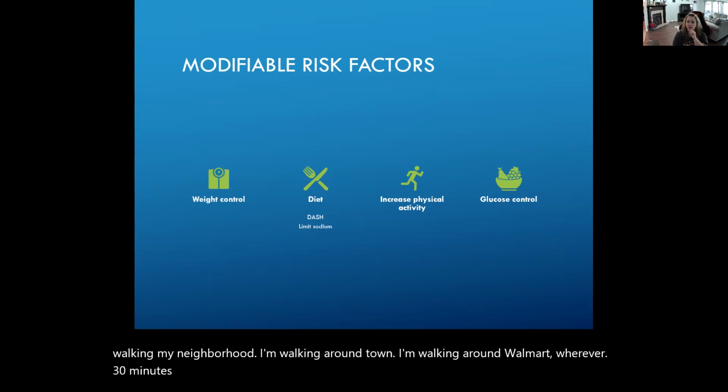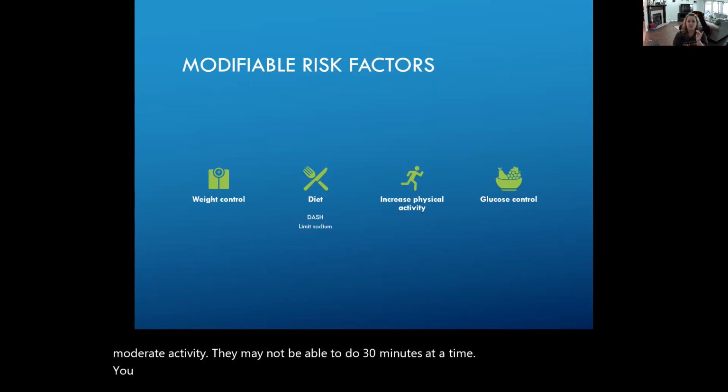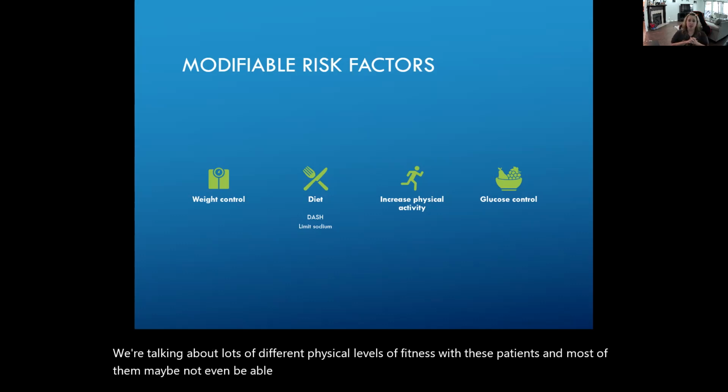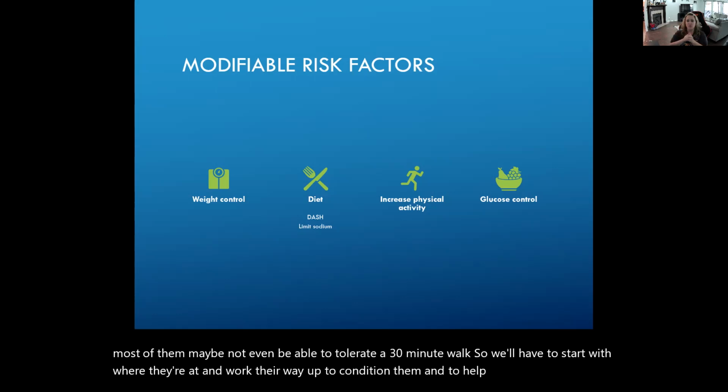Remember, we said that was our recommended 30 minutes a day of moderate activity. They may not be able to do 30 minutes at a time. We're talking about lots of different physical levels of fitness with these patients, and most of them may not even be able to tolerate a 30-minute walk. So we'll have to start with where they're at and work their way up to condition them and to help them get to their best level of physical health.